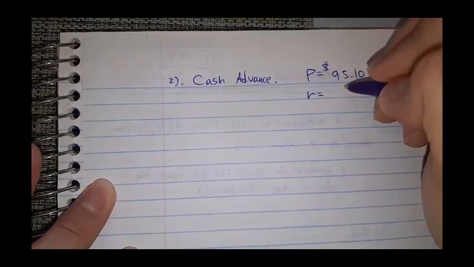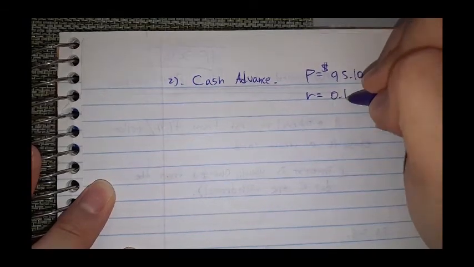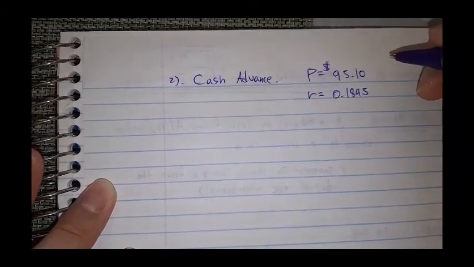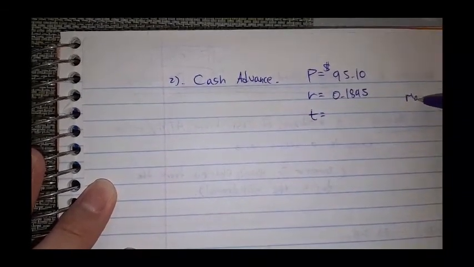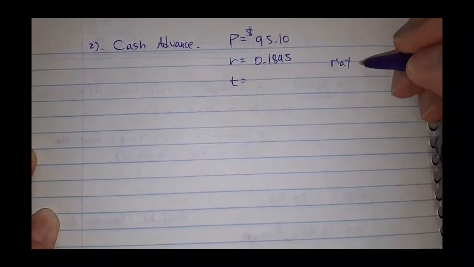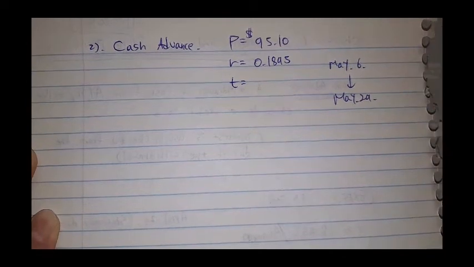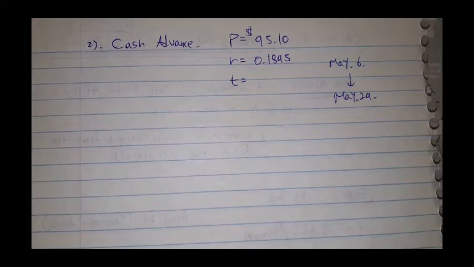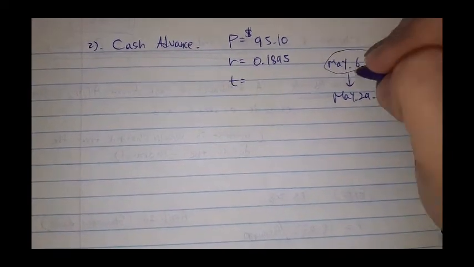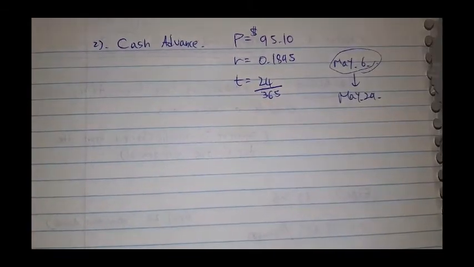R is the same, 18.95%, so 0.1895. And T is how many days. She took the cash out on May 6th, all the way to May 29. If I do 29 minus 6, that's 23 days, but we have to include the first day also, so it is 24 days over 365.